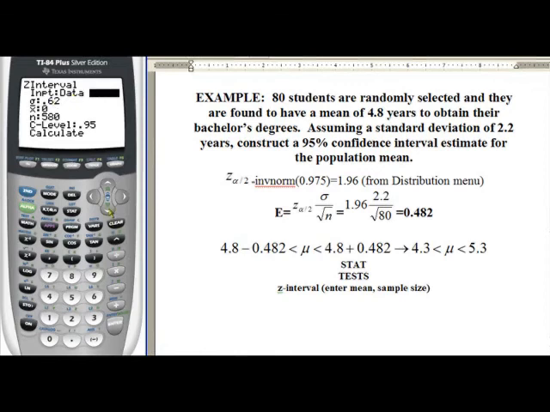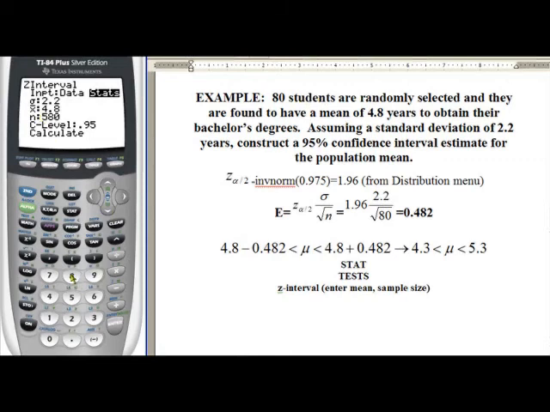Now sigma is given, and in this case it is 2.2, so enter 2.2. And then they're asking, what is your sample mean? In this case, you know your sample mean is 4.8. And then they're asking, okay, what is the number of data points?